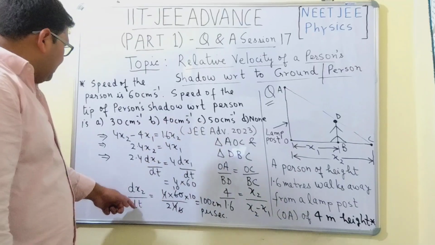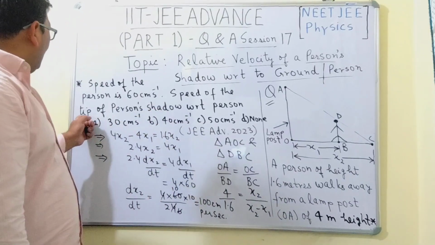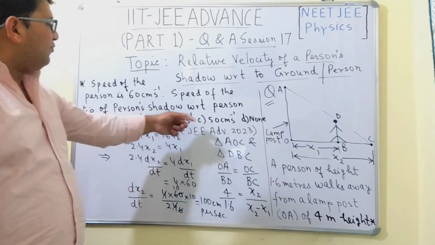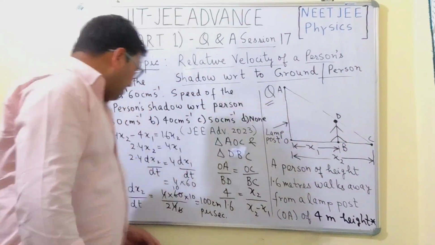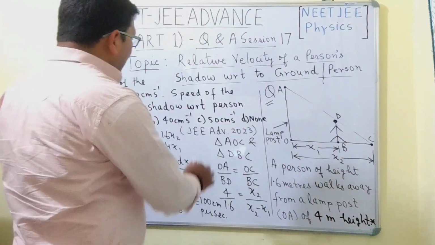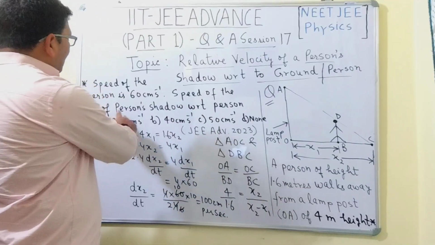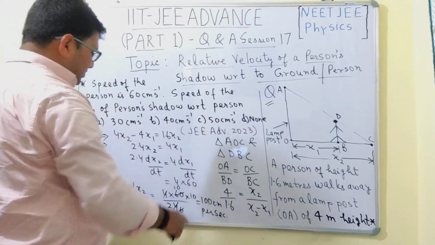So dx2 upon dt is the speed of the tip of the person's shadow with respect to the ground. This OC is the ground. Here we have to find the speed of the tip of the person's shadow with respect to the person.